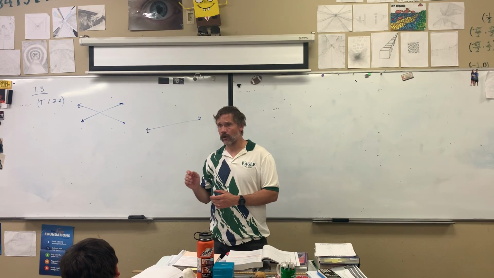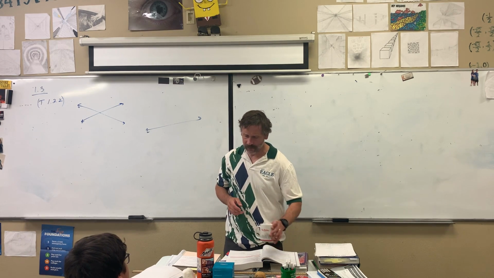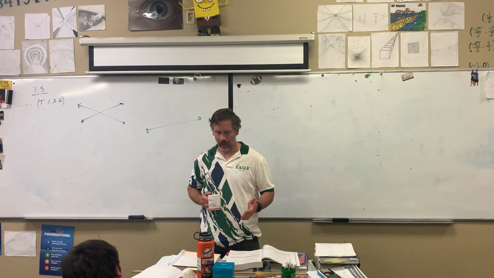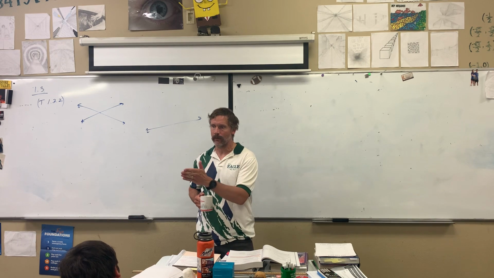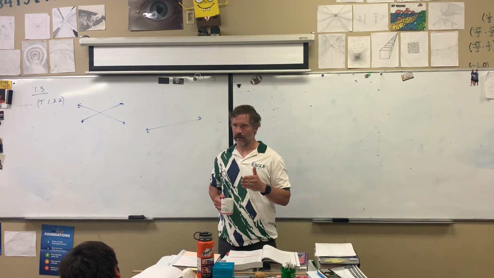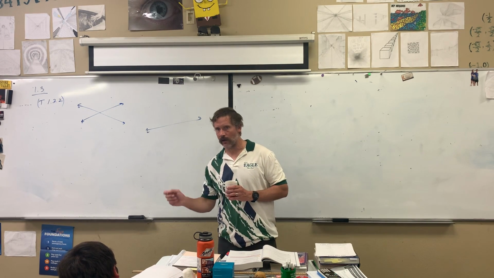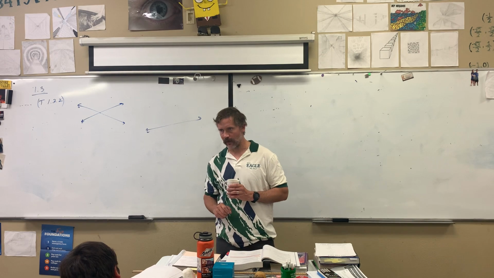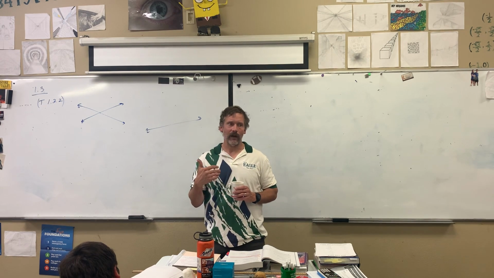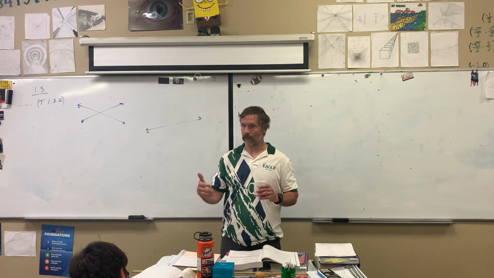Now, let me encourage you here with this type of material. If you look at what numbers I assigned for you on 1.3, what's the first bulk of numbers? 1 through 39 odd. The temptation is to quickly look at it, write something down, check the answer, get it wrong, erase, fill in the correct answer, right? The reason why I give you odds a lot of the time is so that you can grow in your learning.